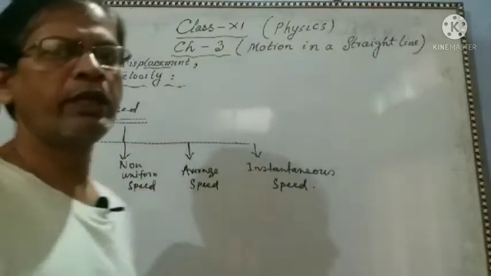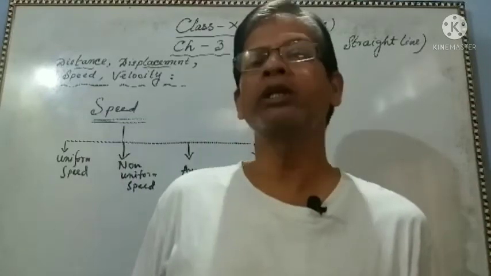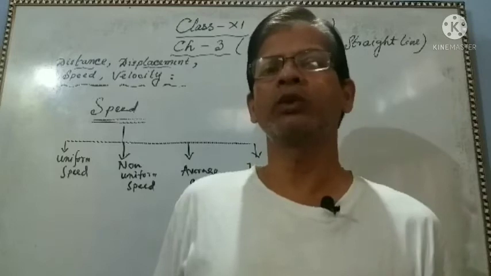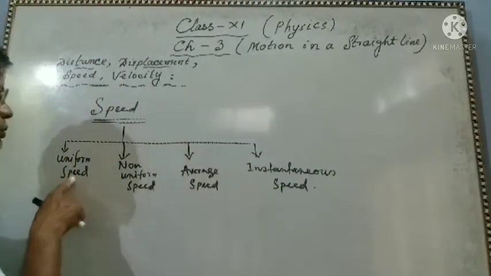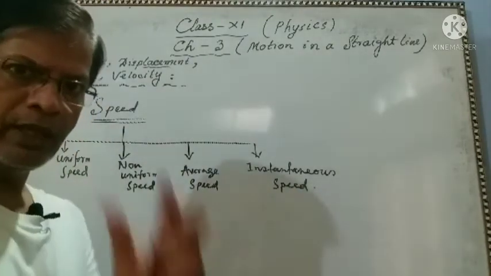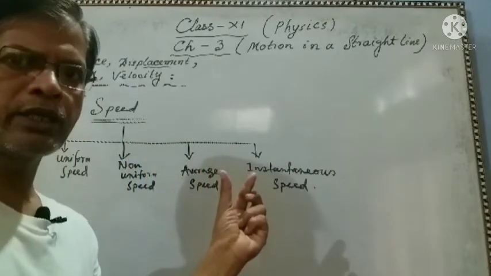Uniform speed. If an object covers equal distance in equal intervals of time, then this is called the uniform speed. Time equal and distance equal.